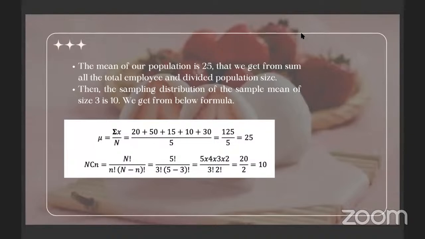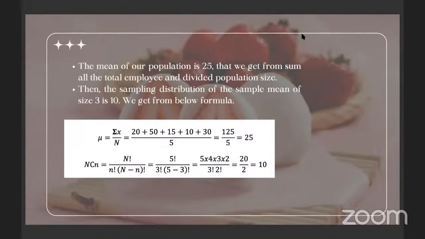And to get the sampling distribution of the sample mean of size 3, we can use n combination r, that is n factorial divided by r factorial times n minus r factorial. It is kind of complicated, but we only multiply 5 times 4, and then divide by 2.